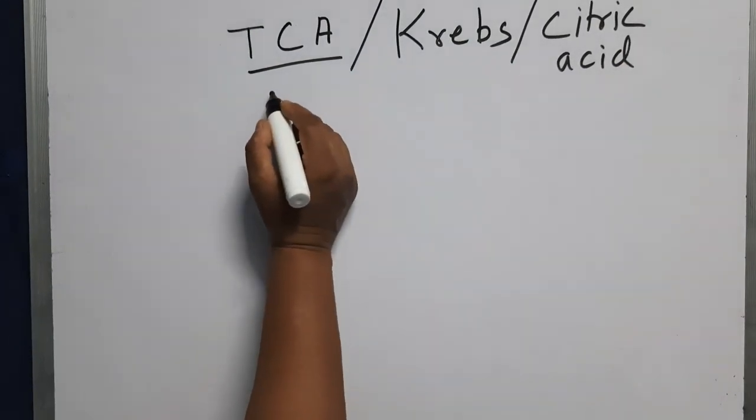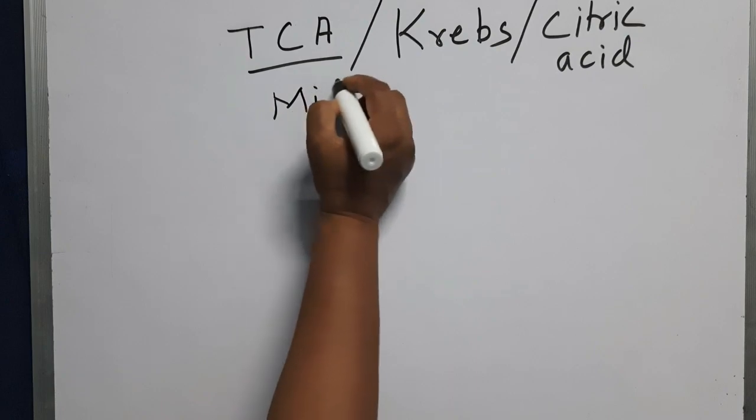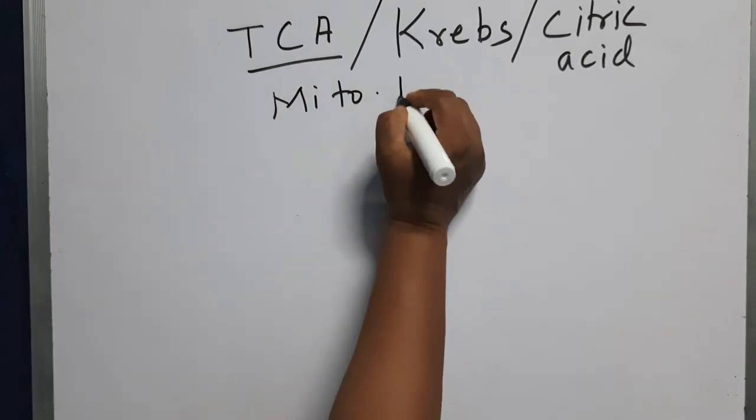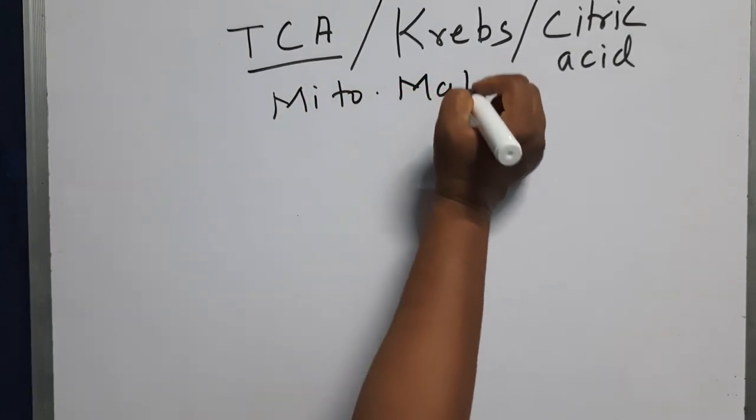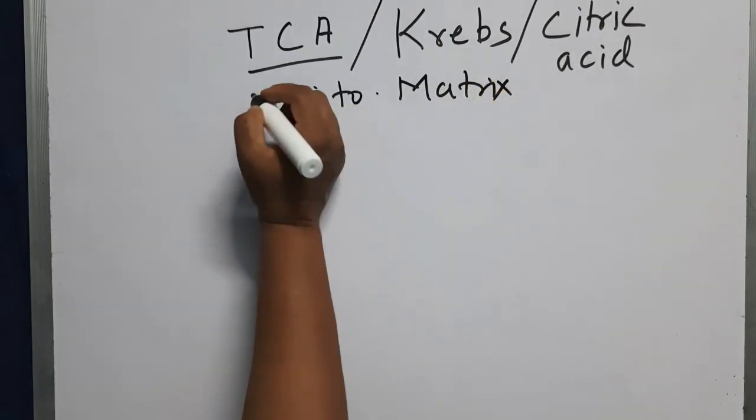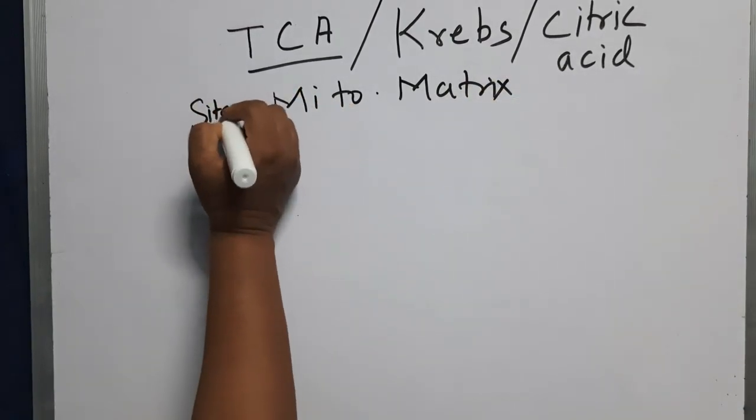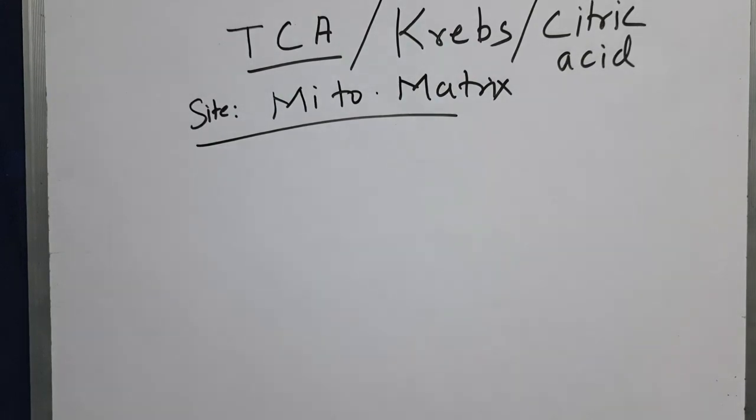It takes place in the mitochondrial matrix. This is the site, the mitochondrial matrix, because all the enzymes are present in the mitochondrial matrix. This is the site of the TCA cycle, and in this cycle you can see there is a liberation of a lot of energy.